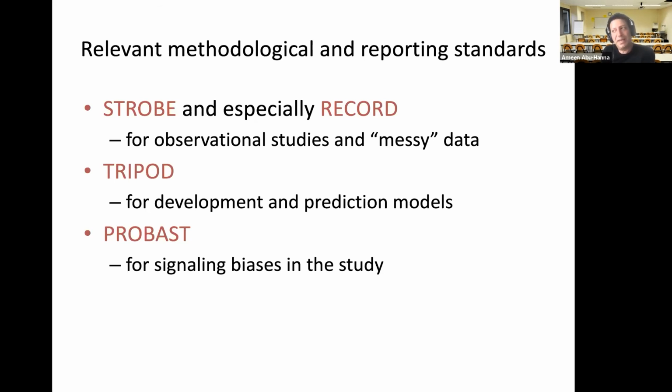And it helps you understand if there are biases. And you learn a lot from it just by reading the text of the article about PROBAST. So I suggest that you should anyway be familiar with TRIPOD, and if you have more time, to look at STROBE, RECORD and PROBAST.